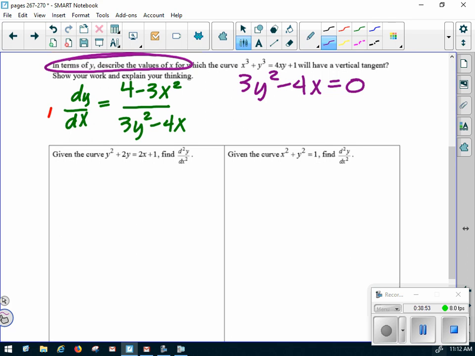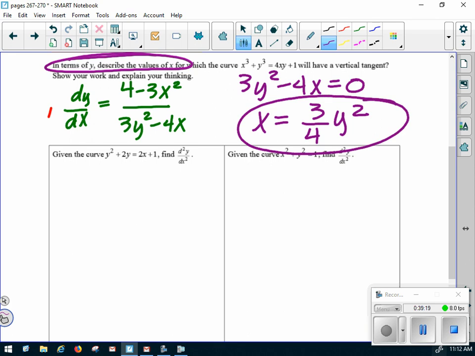Can you do all that in your head? Yeah. That's it. Please notice that you've answered the question. It says, in terms of y, describe the values of x where the curve has a vertical tangent. We have described the x values in terms of y. Now it says, show your work and explain your thinking.